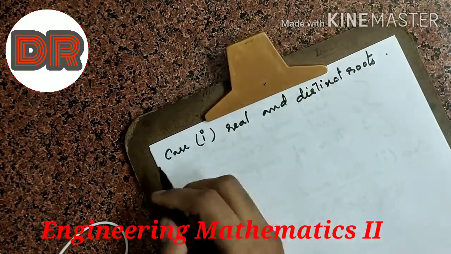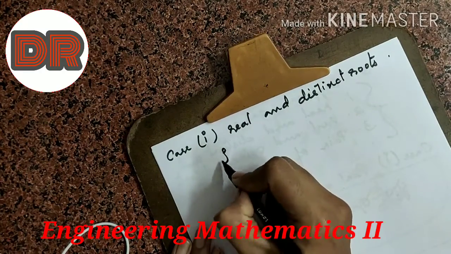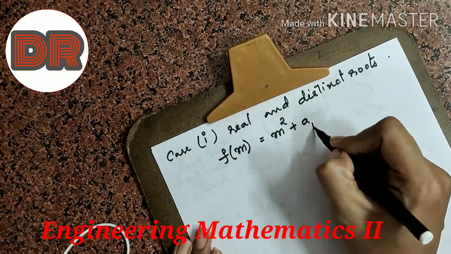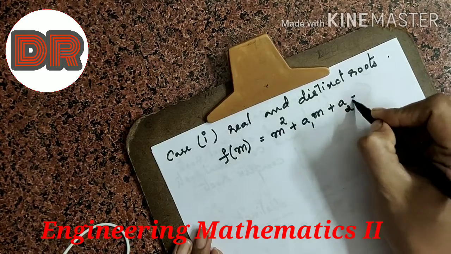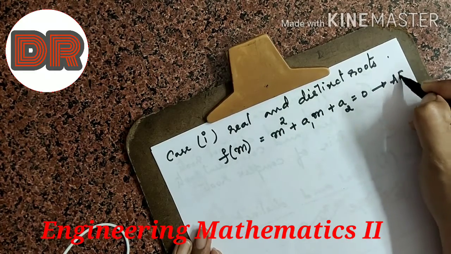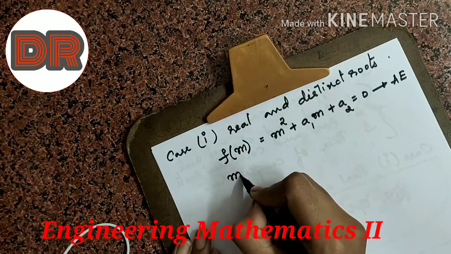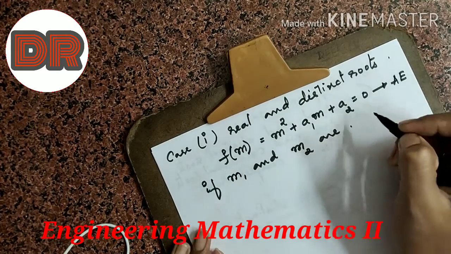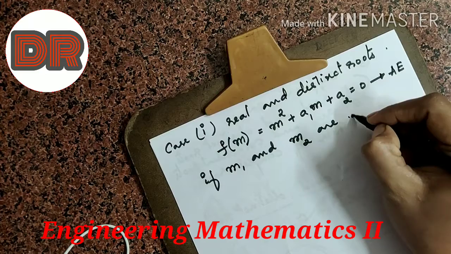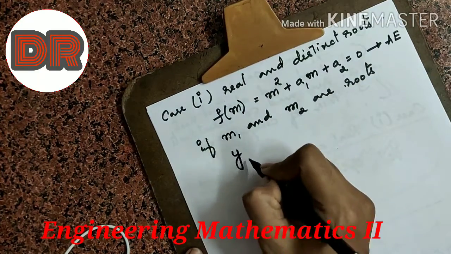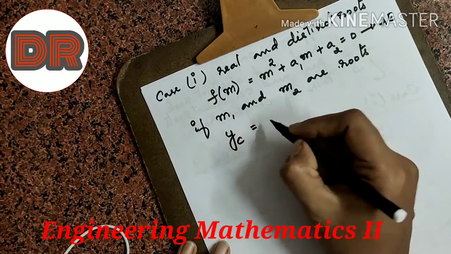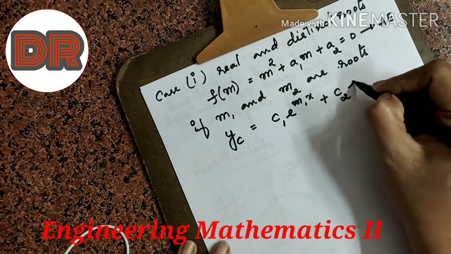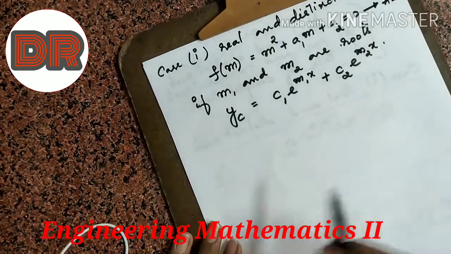If the auxiliary equation is m squared plus a1 m plus a2 is equal to 0, and since it is a quadratic, obviously we should have 2 roots, and if m1 and m2 are real and distinct roots, then the complementary function yc can be written as c1 e to the power m1 x plus c2 e to the power m2 x.